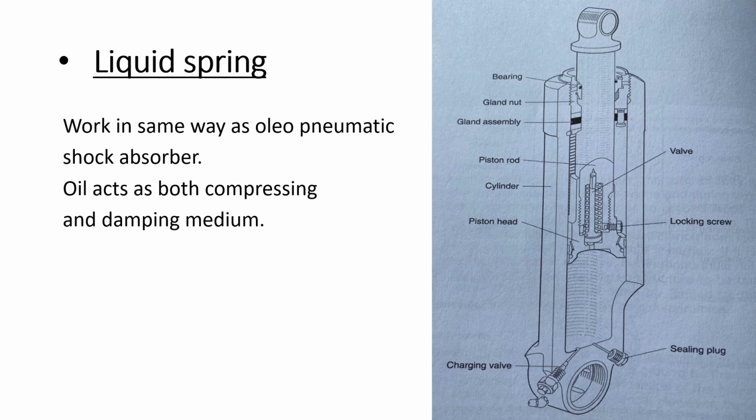As I have said earlier, the liquid spring uses oil and does not use gas, so more pressure is needed to compress the oil. That's why liquid springs have high operating pressure and small volume changes. The energy is absorbed by the oil itself and it gets heated. So this is how the shock absorber works in most commercial aircraft.